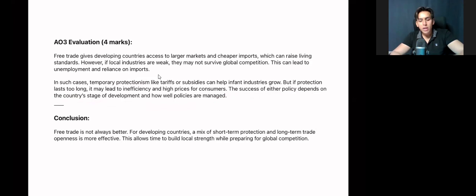In the short term, you can implement protectionism to support your local industries. Once they grow, remove the protectionism barrier so that they can go international and compete internationally, so that it will boost your economy. Everything clear, Kaylin? Yes, it is.